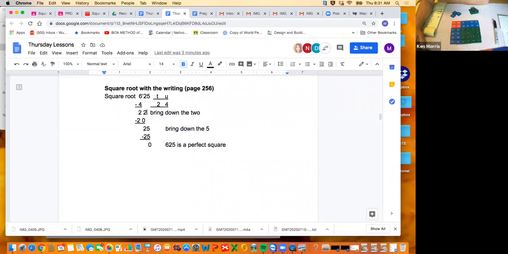We then build our rectangles. Let me write that down here. We build our rectangles using up 20 of our 22. We exchange the 2 tens for units. We add those to our original 5 units, and we build our unit square.